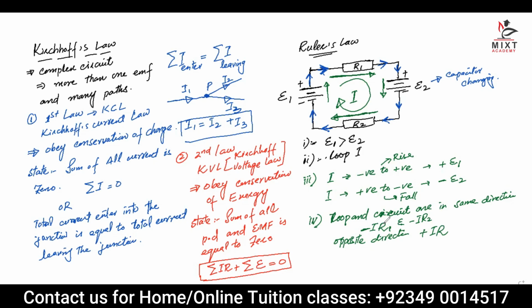These are the points, and at the end you will write the equation. Now the equation will be EMF1 minus EMF2 minus IR1 minus IR2, and that will be equal to 0. So with the help of Kirchhoff's law, I write all the values from that circuit.